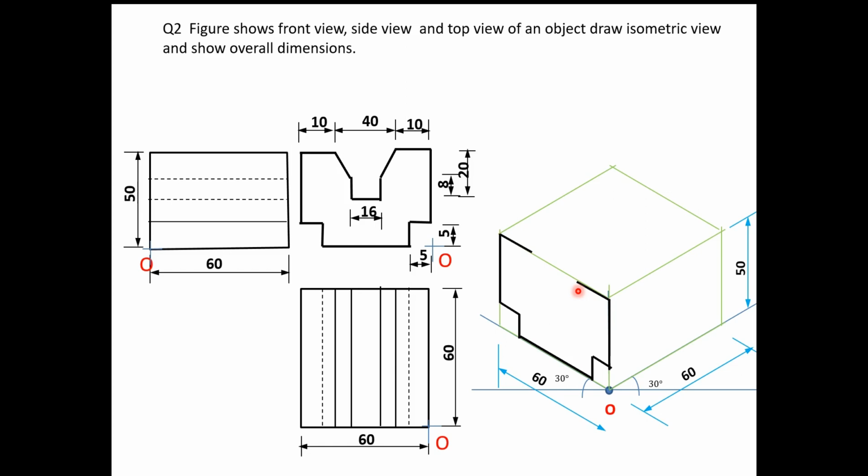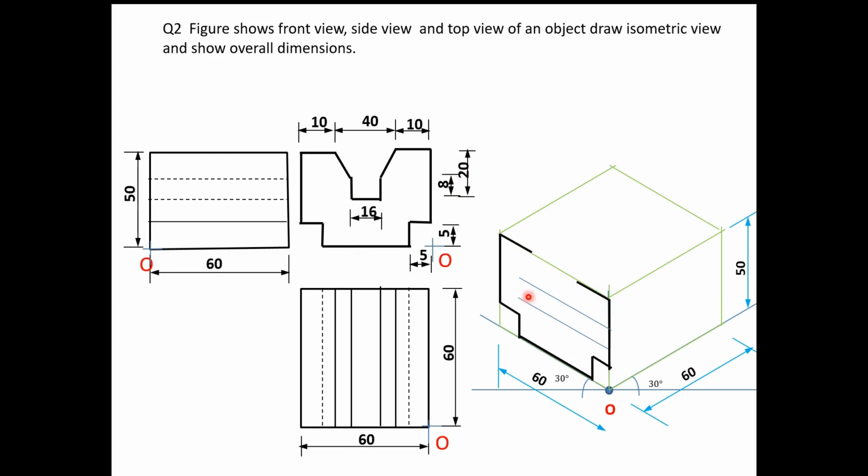Now next, do we know the inclination? No, from this figure we cannot find out. Now what we will do? But I know this 16 mm at the center, and this distance is given 20 and 8. So what I will do? I will draw one line at a 20 mm distance from top, and same 8 mm line above 8 mm.